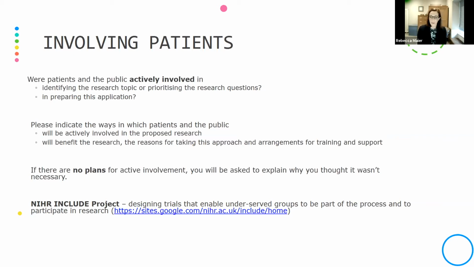For example, you might find that people in rural areas, in the particular group of patients you're looking at, typically don't take part in trials. But by including funding for them to actually attend hospital, you've included them, and you've enabled them to take part in research.